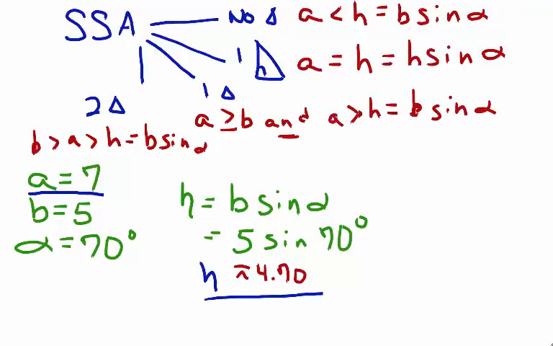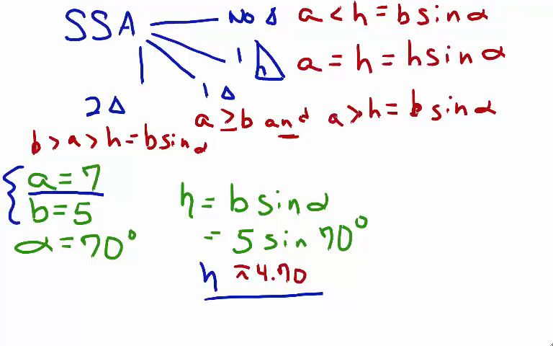We can't have two triangles because if we did have two, side B would have to be larger than side A, and clearly that is not the case here. It's also not the case that we have no triangles, because no triangles occurs when A is less than H, and here obviously A is greater than H. We also don't have a right triangle because in the case of a right triangle, A is equal to H.